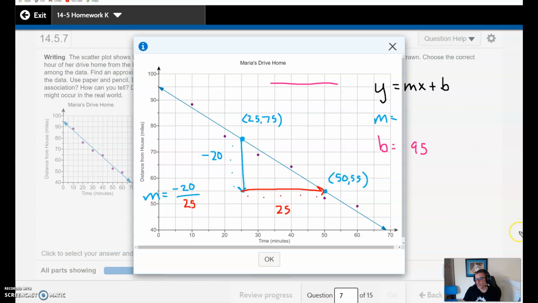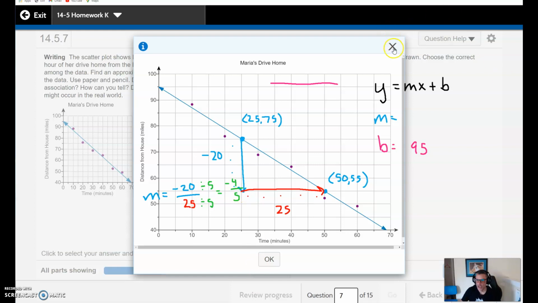Now, I can simplify this. Negative 20 and 25 are both divisible by 5. So if I divide top and bottom by 5, we get negative 4/5.